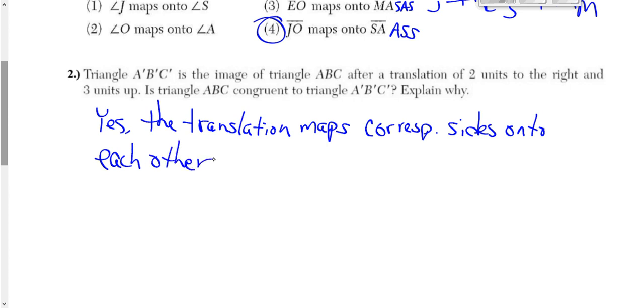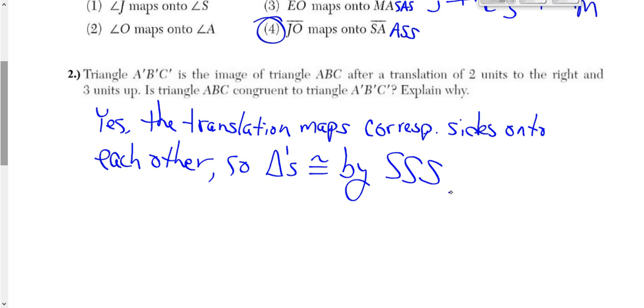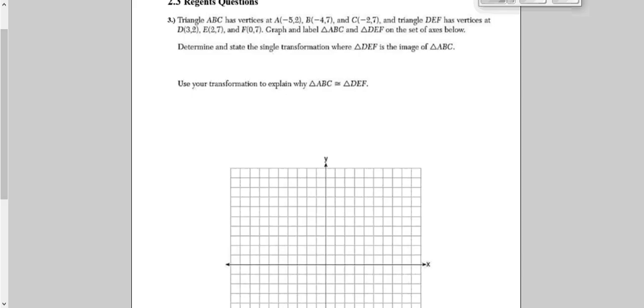And if I say it maps the corresponding sides onto each other, that means the corresponding sides are congruent. So the triangles are congruent by what if all 3 corresponding sides map? SSS. See how we answered this a little differently now that we have a new way to look at it? To help think about it, go ahead and plot those points there.